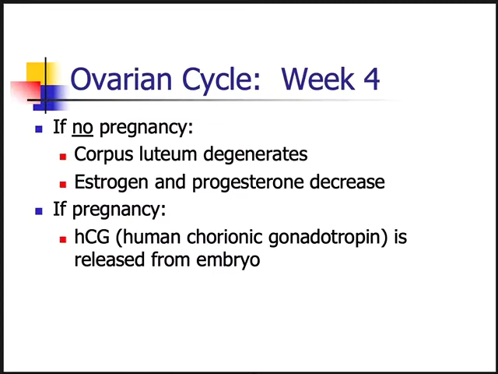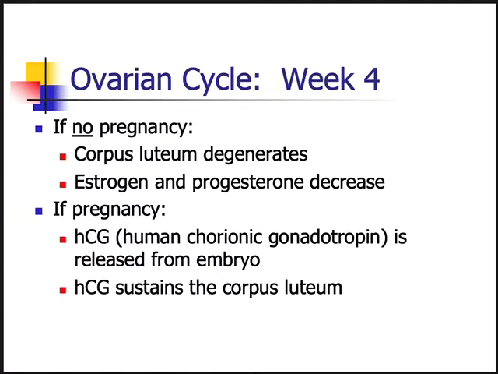It's always best to get the blood test to confirm pregnancy. Urine strips have come a long way, but there are still a lot of factors that can make them not accurate. So just make an appointment and get that blood test. Okay.